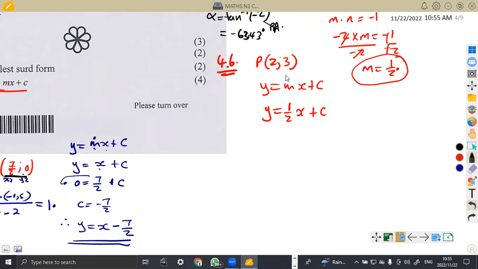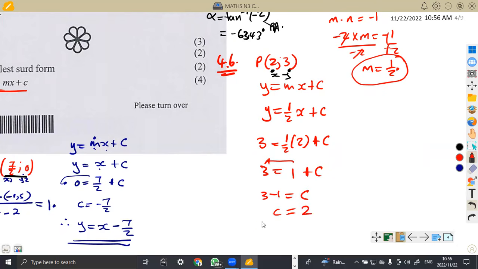To find c, you substitute the point P, which is (x, y). y is 3, so in place of y, substitute 3. In place of x, you substitute 2. So it's half of 2 plus c. So 3 is equal to half of 2, that's 1, plus c. So transpose 1: 3 minus 1, that is 2.